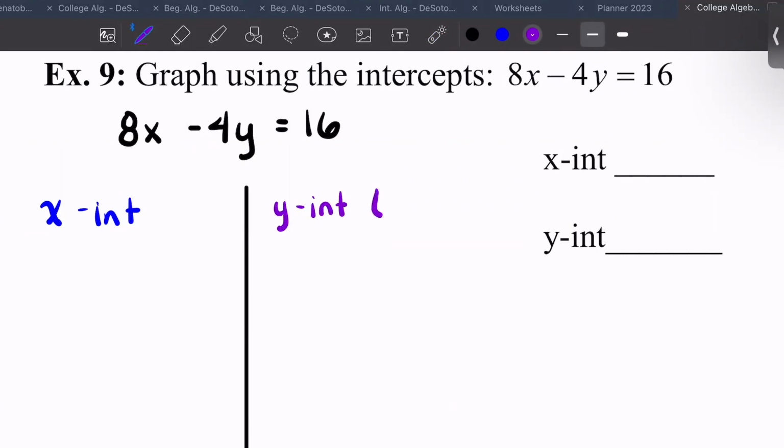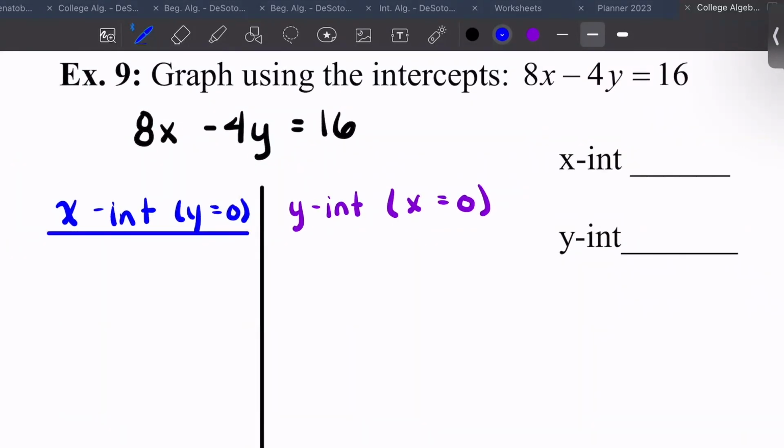Okay, x-intercept means y equals 0. Y-intercept means x equals 0.